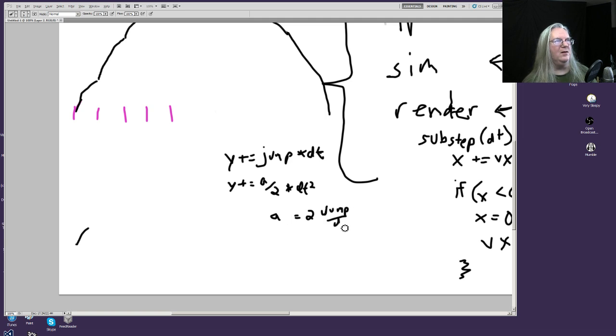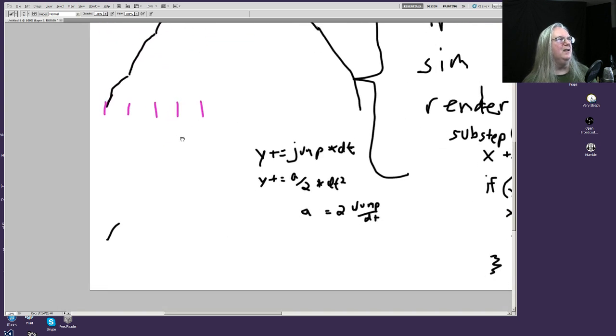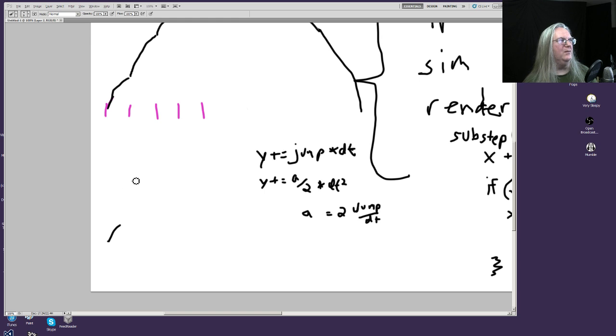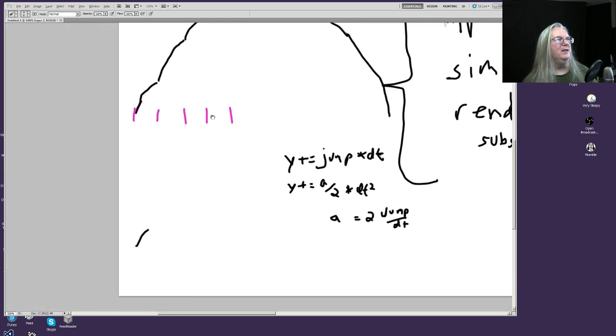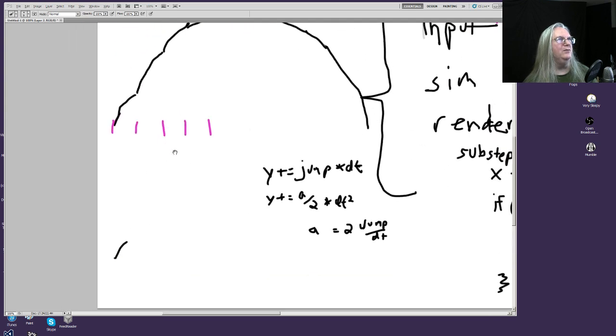And now our computation, where we were computing that, can look like this. Let's do it by overriding gravity effectively, right? So let's just say our total acceleration, this is the y acceleration, is gravity plus 2 jump.